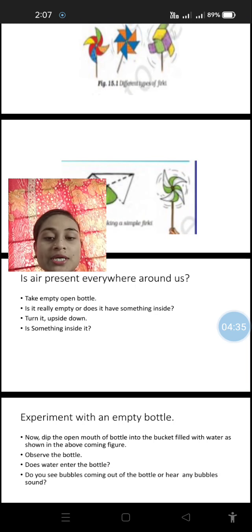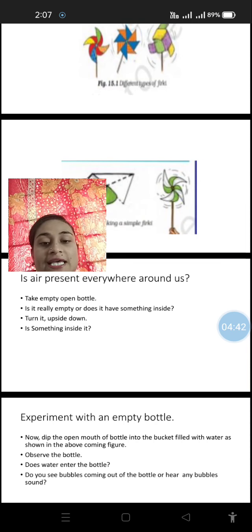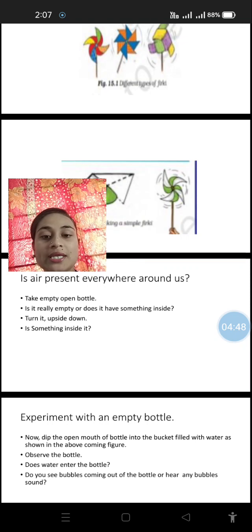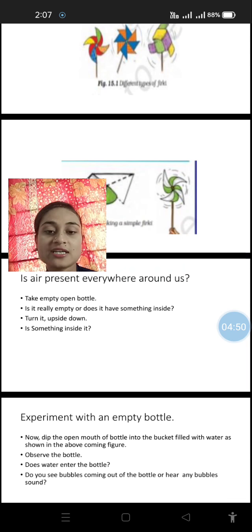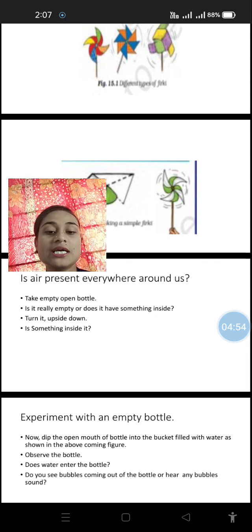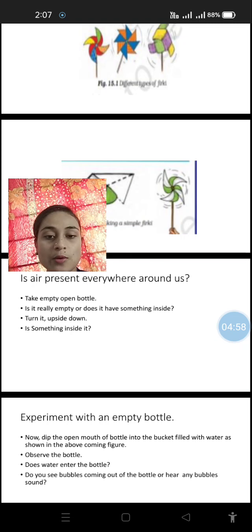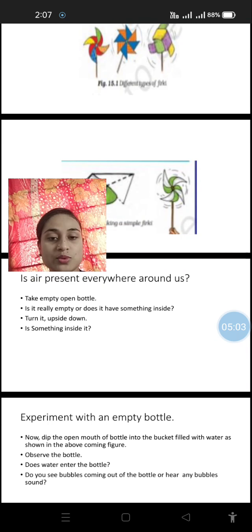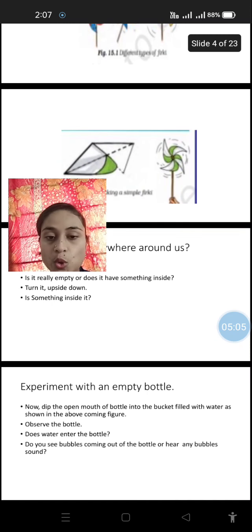Now the third point is, turn it upside down. Here we have to follow this statement, as we had already taken one open bottle which was empty. So now turn it upside down, with its mouth facing downward, and see whether something is inside it or not.